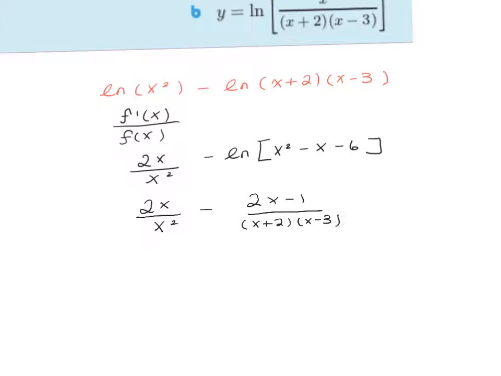Either way, it doesn't really matter. It's just a matter of preference at that point, unless something cancels out, and you want to cancel it out. We can cancel out an x there and have 2 over x minus 2x minus 1 over x plus 2 times x minus 3.